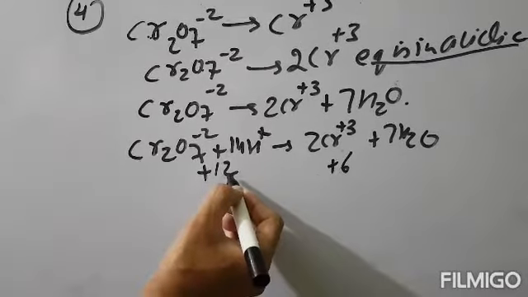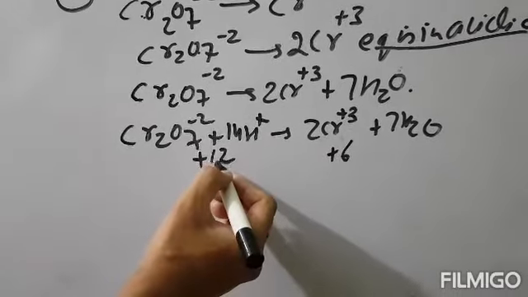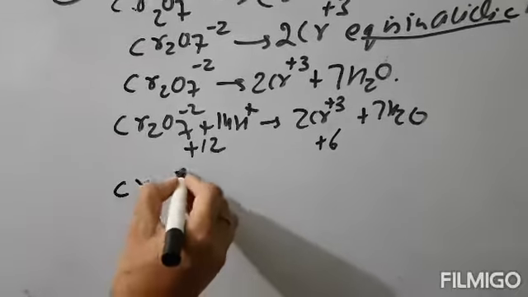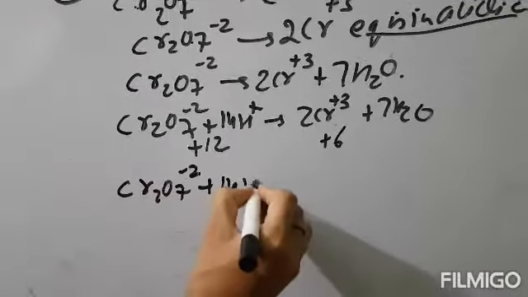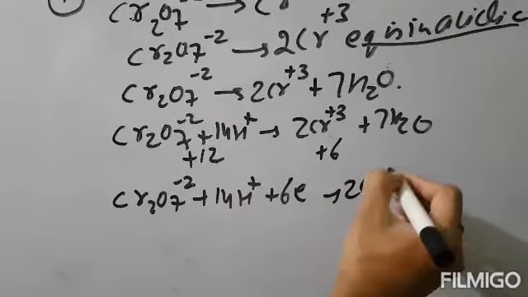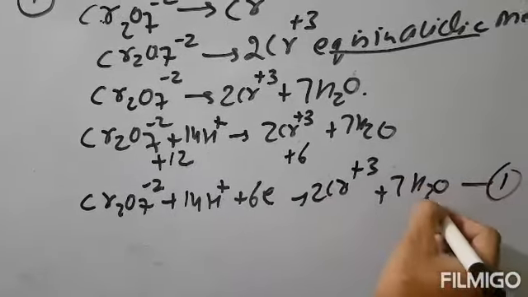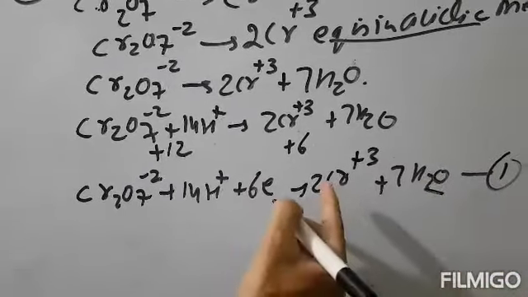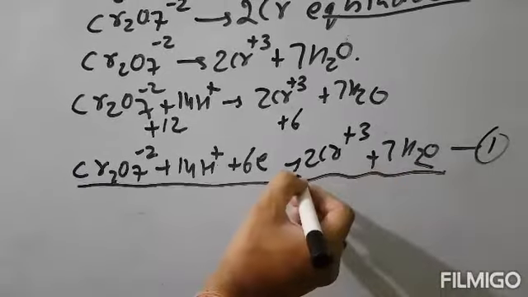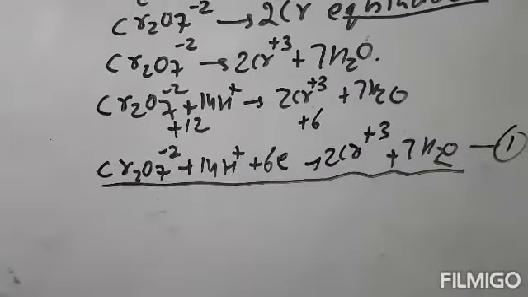How are we going to reduce it? By adding 6 electrons on the left hand side. So we get Cr2O7 2- plus 14 H+ plus 6 e- gives 2 Cr3+ plus 7 H2O. So this is our balanced reduction half, where the number of atoms, hydrogen atoms, oxygen atoms and charge are balanced.